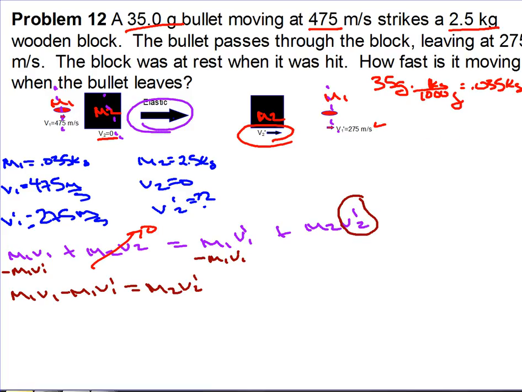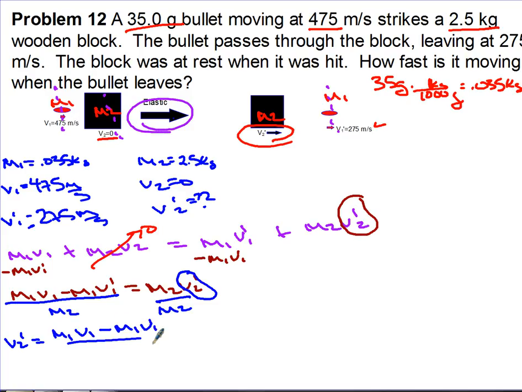I'm still looking for V2 prime, so circle it. I'm multiplying by M2, so to get rid of M2, I divide this whole thing by M2. So V2 prime is equal to M1 V1 minus M1 V1 prime, divided by M2.